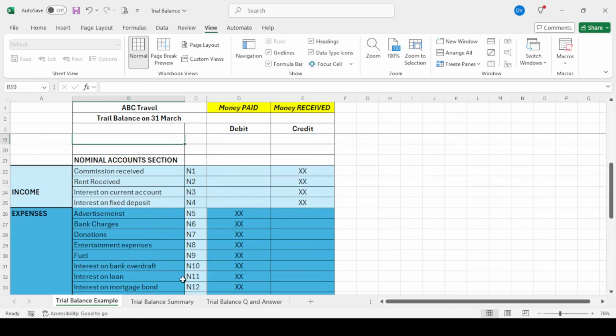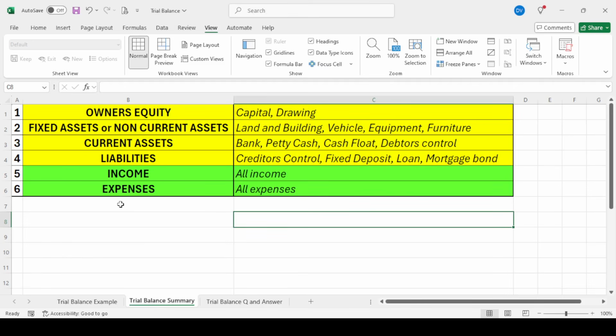So I did a little summary. Maybe if you want to pause the video and write this down, I think it will help a lot. It's literally the 6 things you need to learn to do a perfect trial balance.